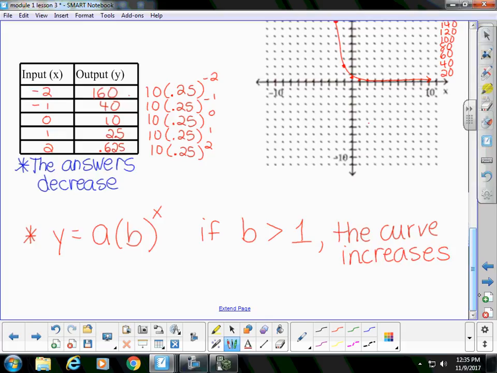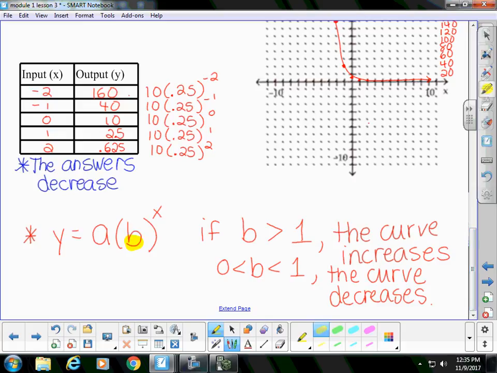And on the other hand, if that number inside there is between 0 and 1, then it's going to decrease, like 1/4 was between 0 and 1. Okay, so it all depends on what this number in here is.